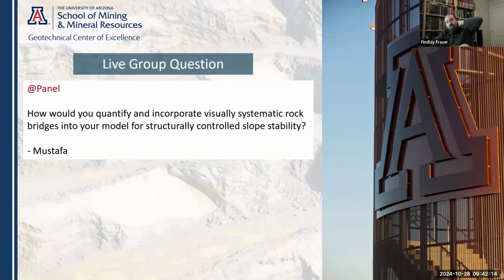And my answer was no, these aren't offsetting the resource in any meaningful way. We can see there's rock bridges. We have to model in what we can see, because if there's a rock bridge, that's a much more positive scenario for the engineering design. So we model it realistically. So I think the short and pithy answer is model it the way you can see it.